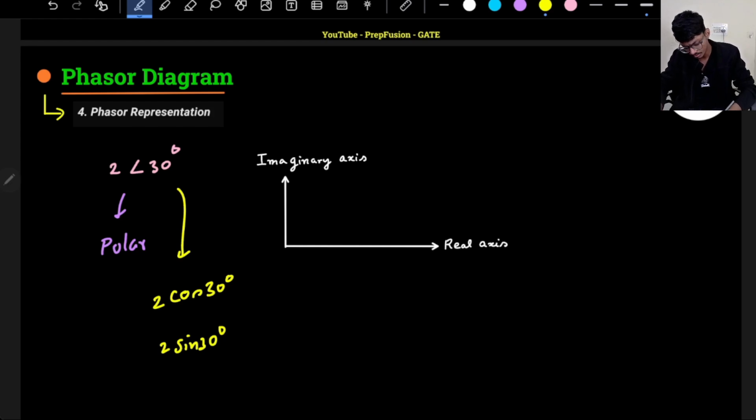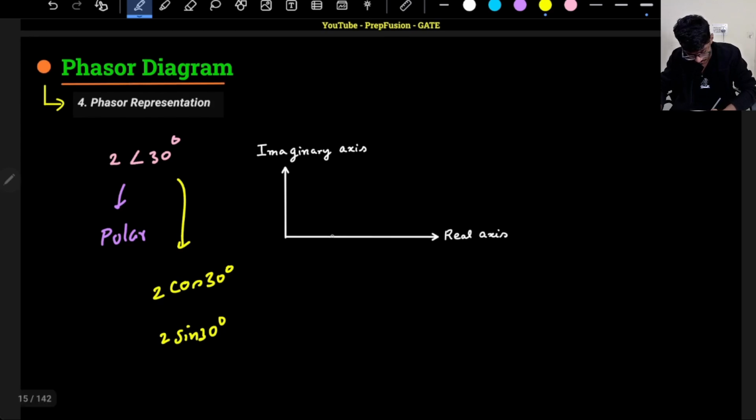Sin 30 will be lower, so that component will be somewhere here, and the other component will be somewhat higher, 2 cos 30. And the resultant is just like a vector addition. The resultant of these two components will yield the phasor. So this is the 2 angle 30 degree phasor represented on the imaginary and real axes.